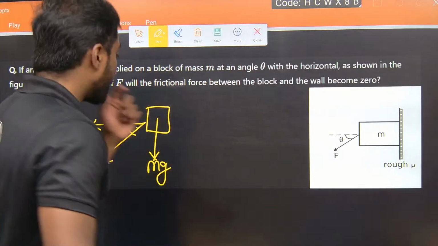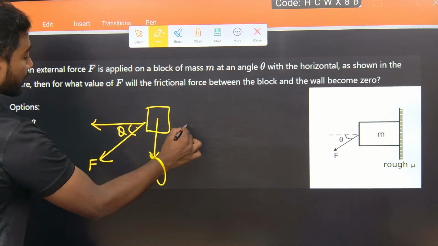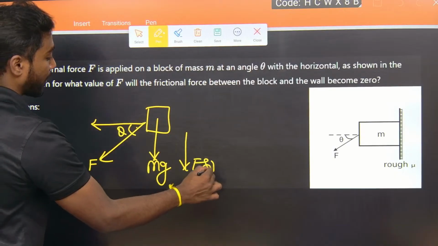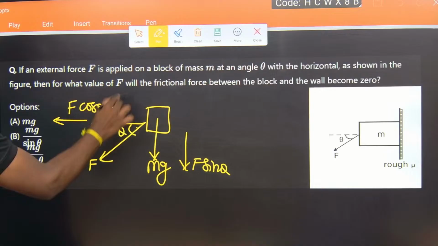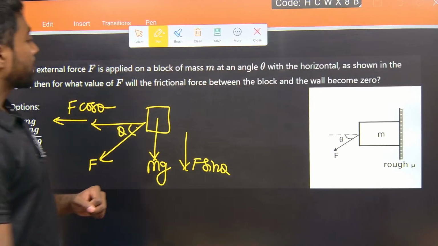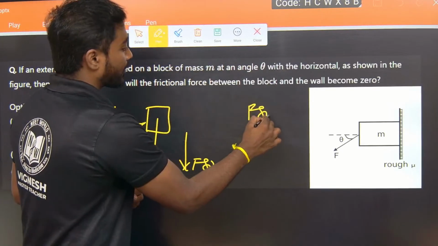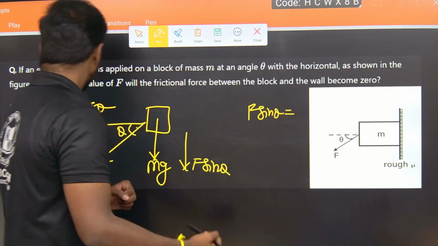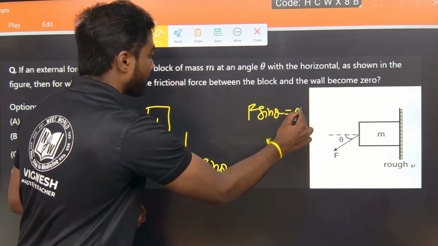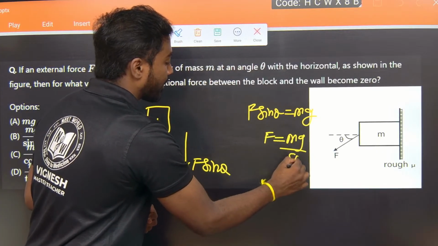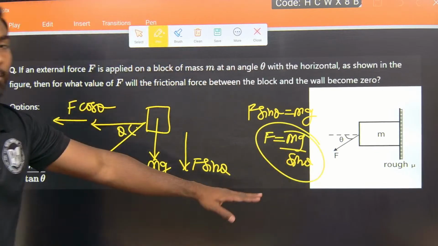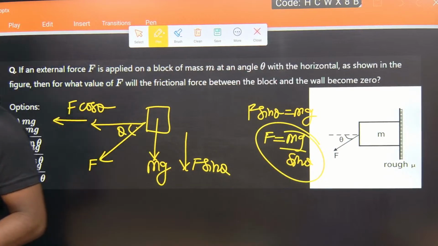This is F sin theta and this is F cos theta. So F sin theta equals mg, so F will be equal to mg by sin theta. That's the answer. When you take the components, the answer is almost completed.